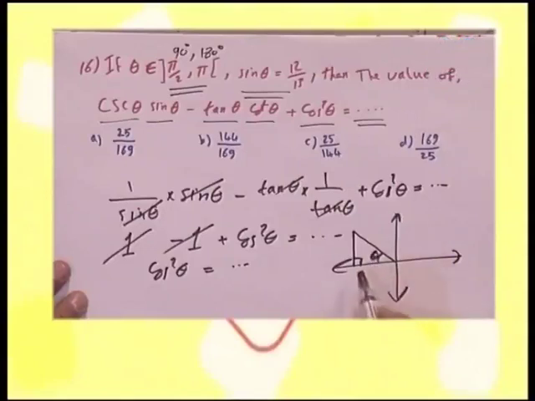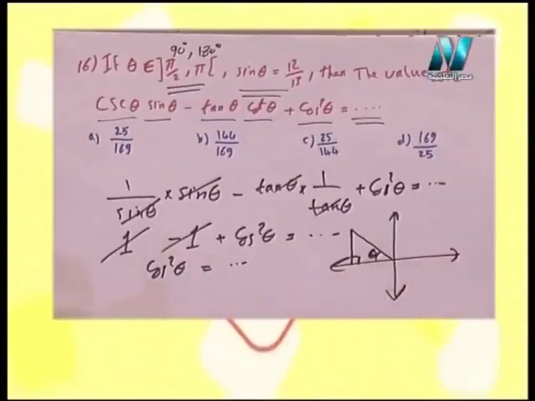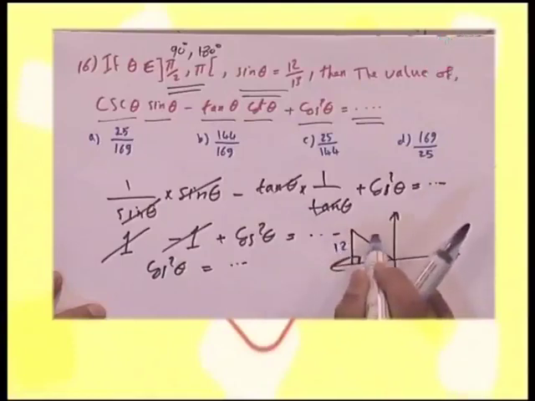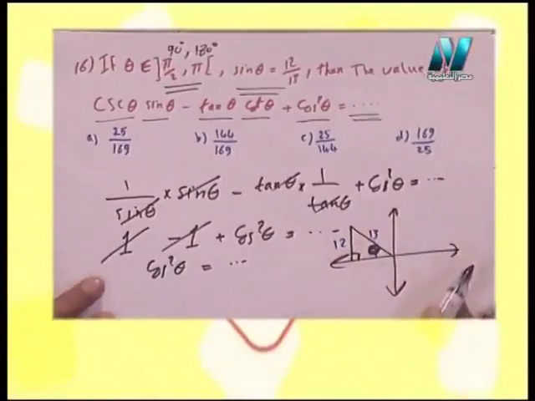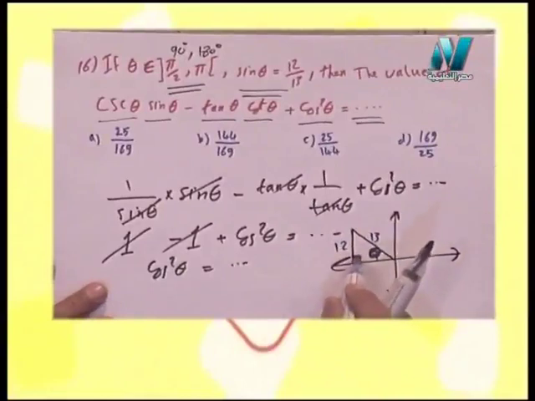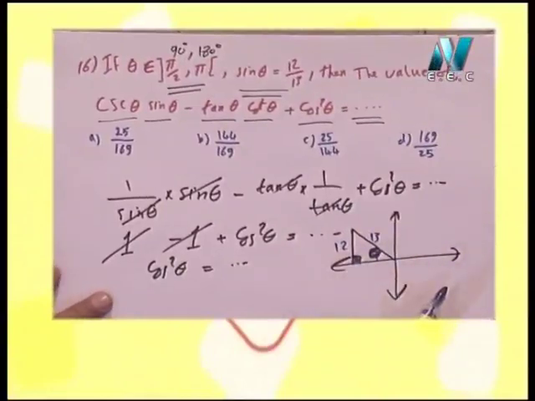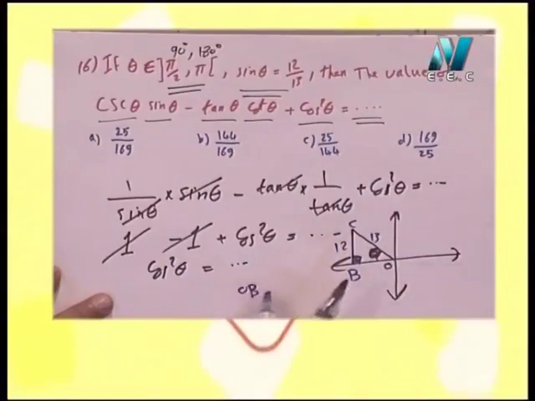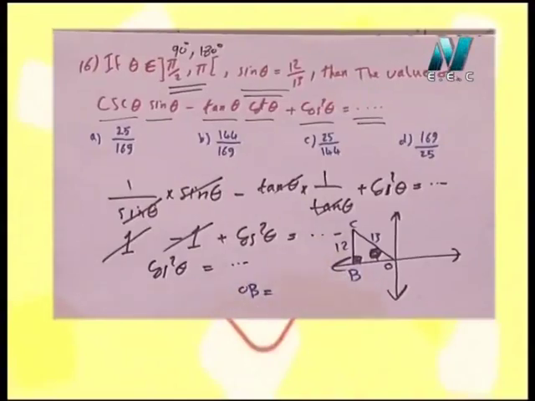This is theta, and sine, of course, will be opposite over hypotenuse, 12 and 13. And by using your calculator, you can find out this part. We can call it OB. OB here equals square root 13 power 2 minus 12 power 2.